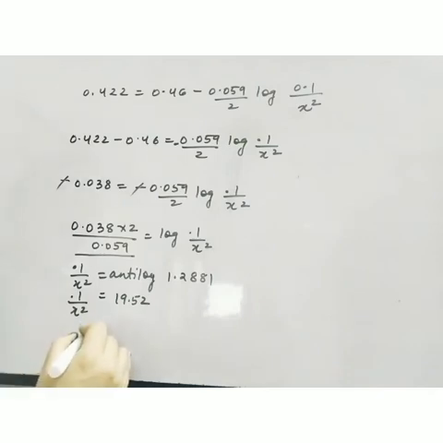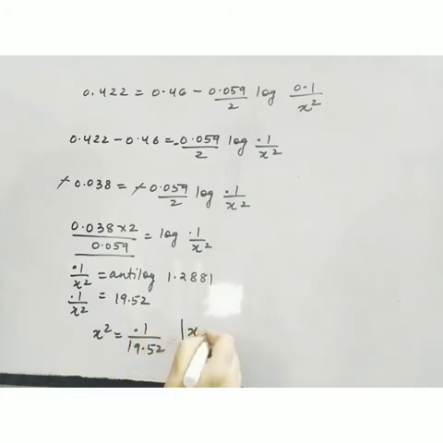So x square is equal to 0.1 upon 19.52. And finally we'll calculate x from here by taking the square root of this number. So it is 0.0717 M. Because it is a concentration, so concentration is 0.071 M. So this is how we solve the questions based on this.